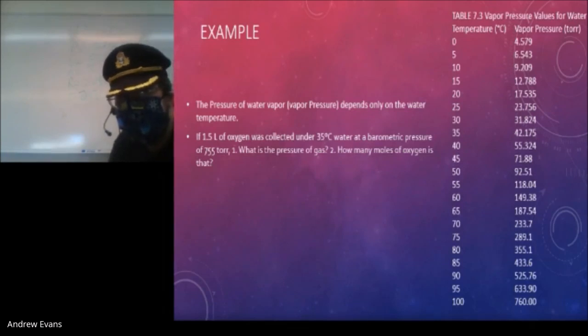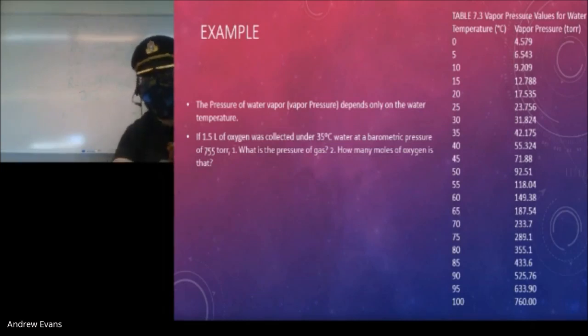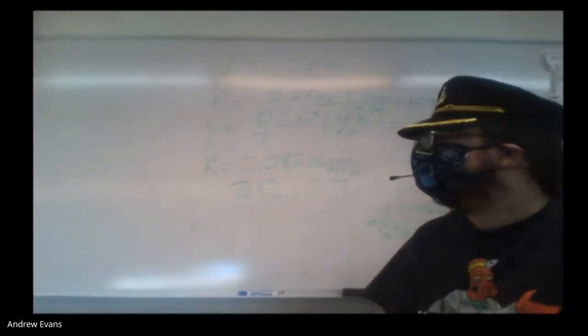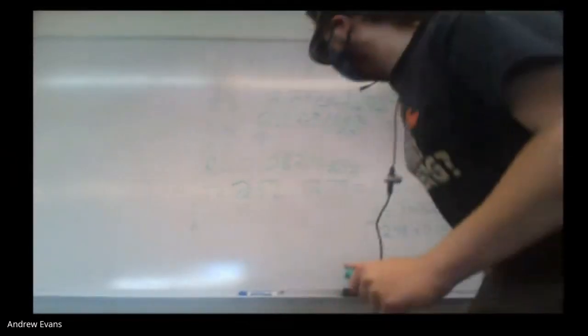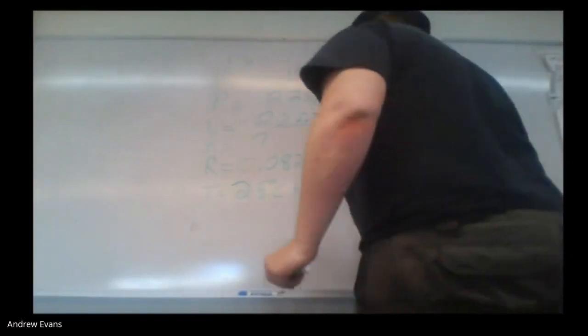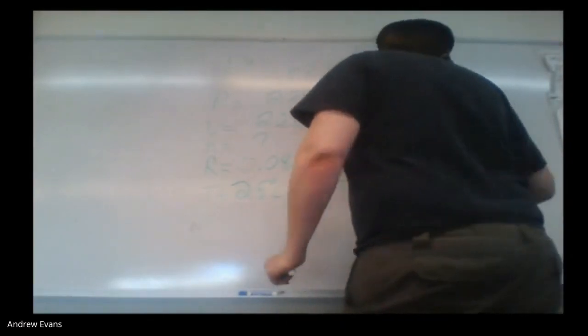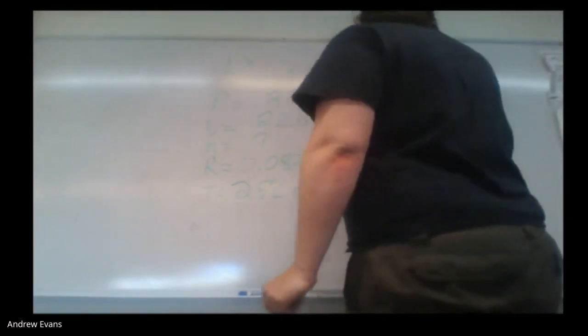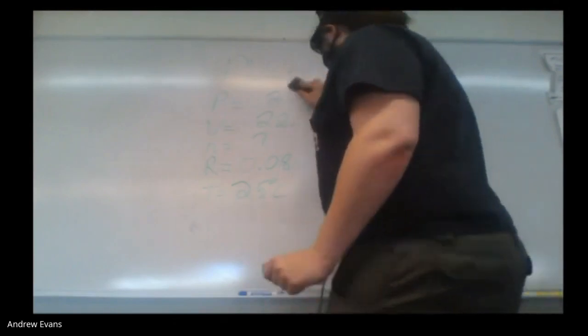So, the total pressure of this whole system is 755 torr. And I'm giving you the temperature of water. So question 1, what is the pressure of the gas? Question 1 has to do with what is the pressure of water, and thus what must be the pressure of oxygen.